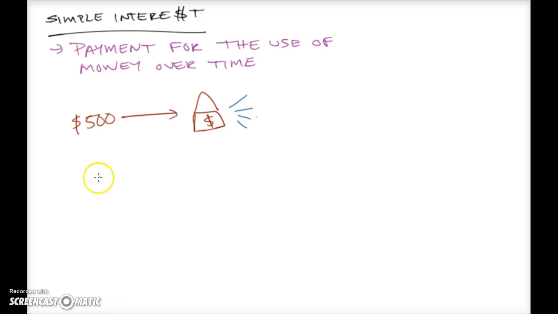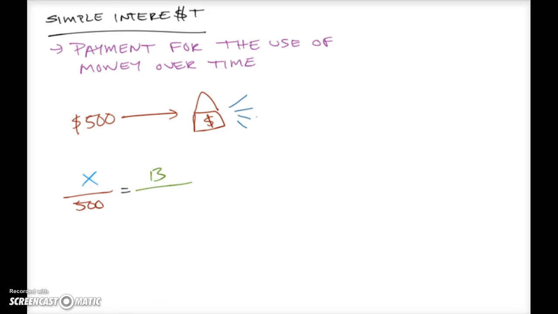Let's say I have x out of $500, where x represents the amount of money I'm going to get in interest. How much of 500 is 13%? I'm going to say that equals 13 out of 100.